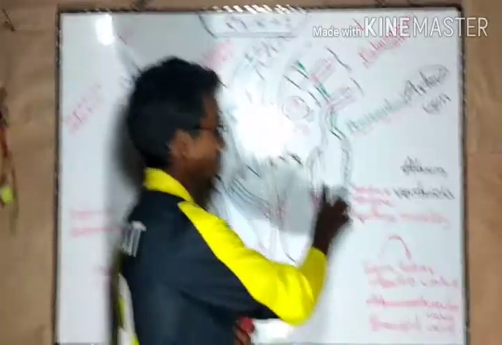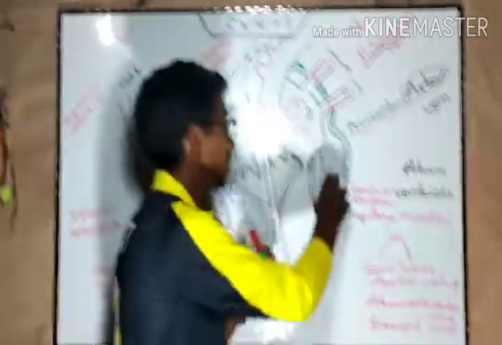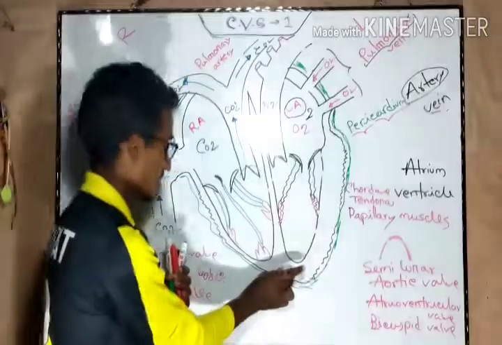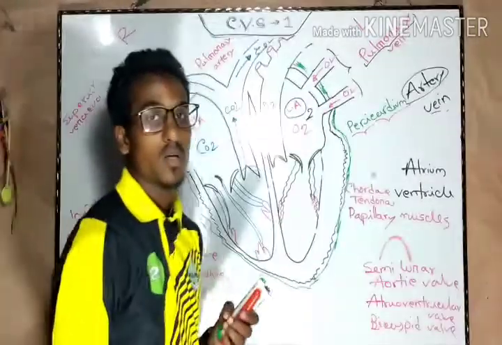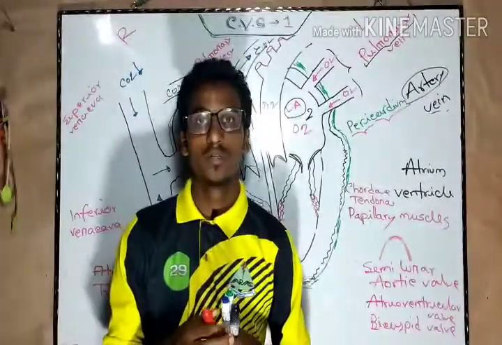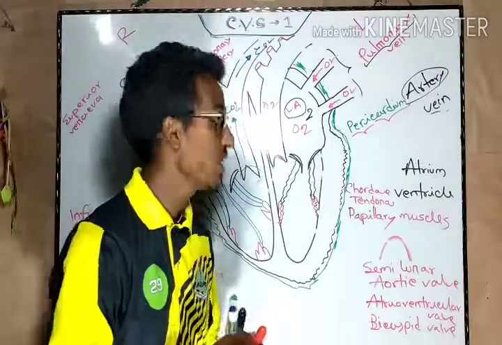Now look at the wall of the heart. There are three layers in the wall of the heart. The outer layer is called the epicardium.